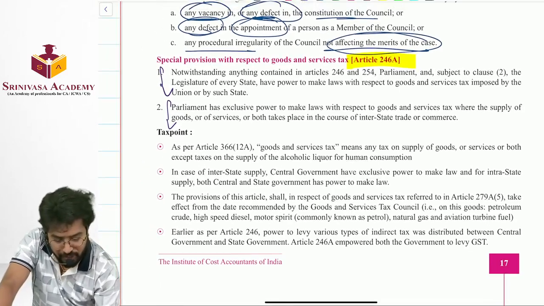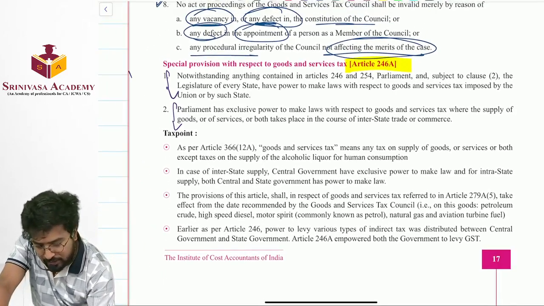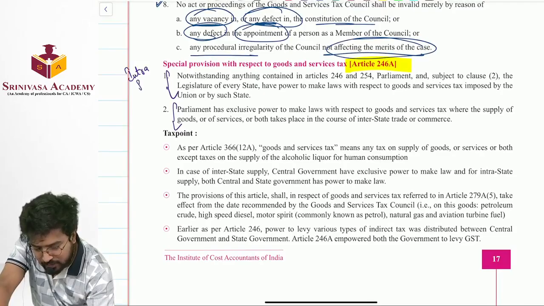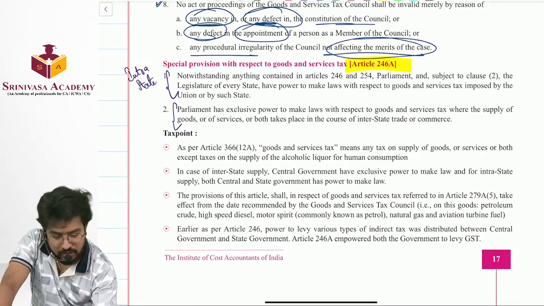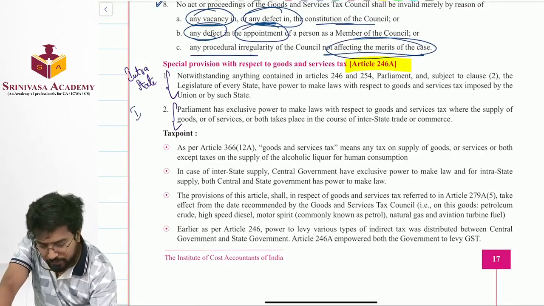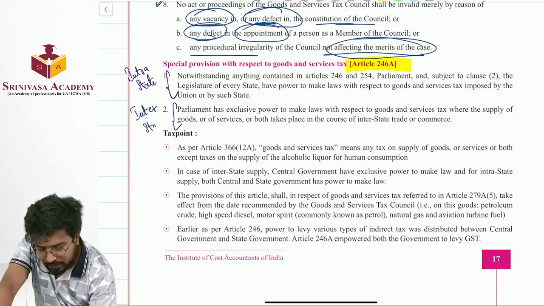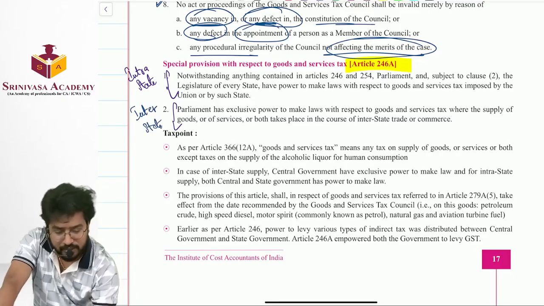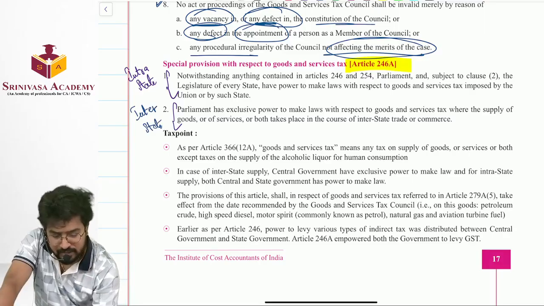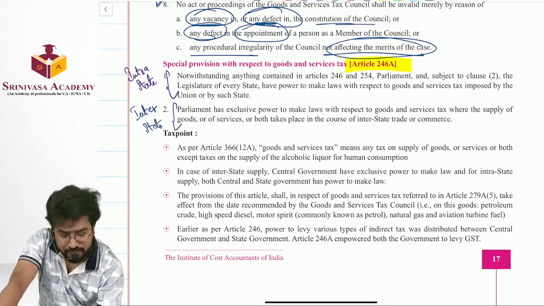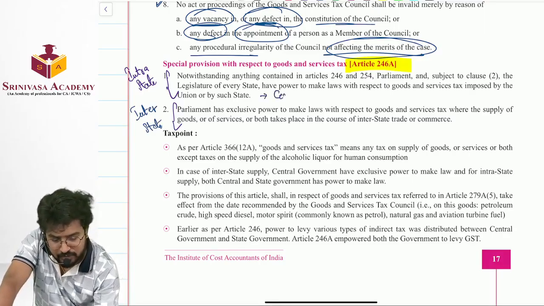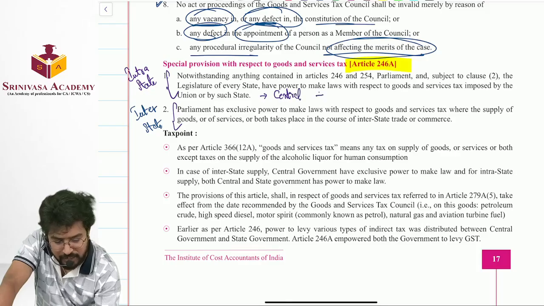So simple. Point 1 is talking about intra-state transaction. Point 2 is talking about interstate transaction. In case of intrastate transaction, who will have the power? Central plus state.